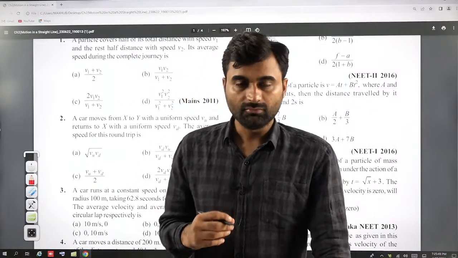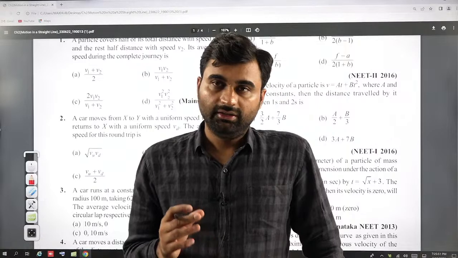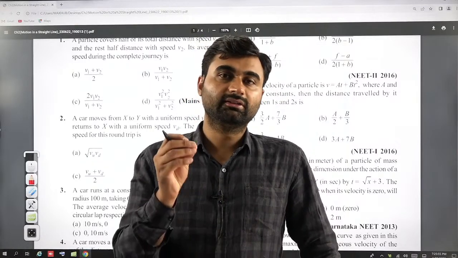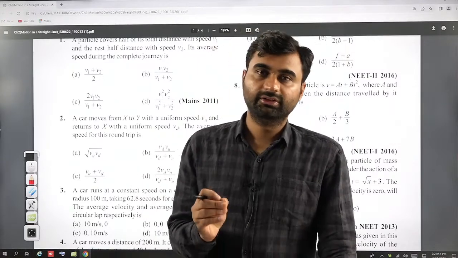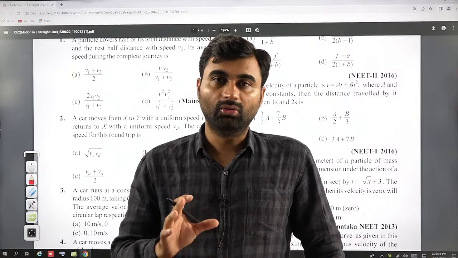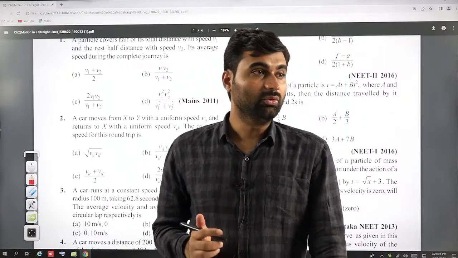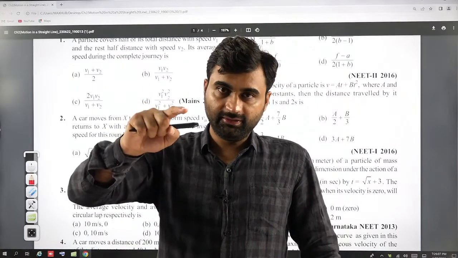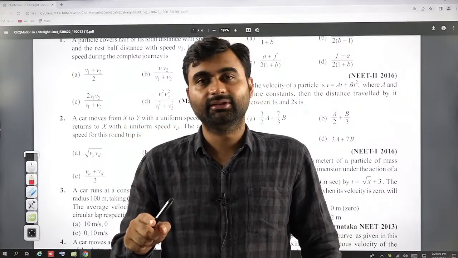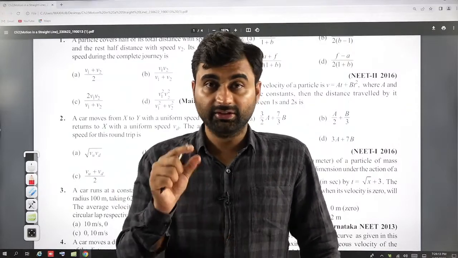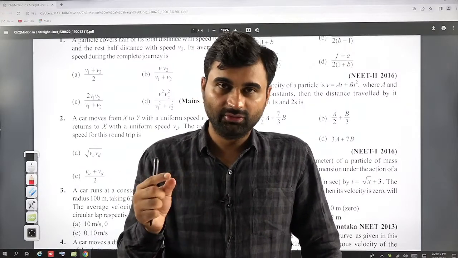Clear? Okay. And after that, if a velocity-time graph is given, then the slope of the velocity-time graph will give you acceleration. Okay. So you have to remember all these concepts. Now reverse. If an acceleration-time graph is given, then the area of the acceleration-time graph gives the change in velocity.